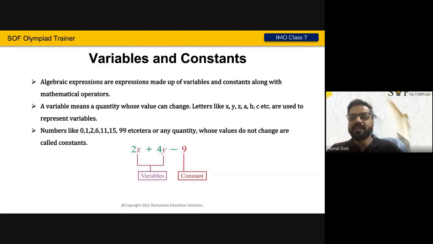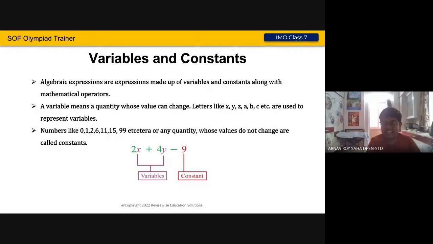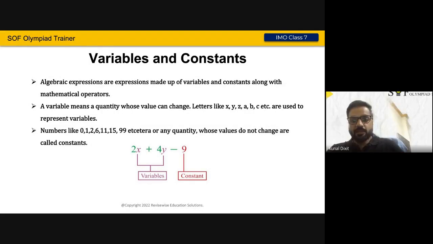Would anyone tell me the meaning of an expression, or what is the difference between expression and equation? The expression does not have an equal to symbol, but the equation has an equal to symbol. Very good. The expression is not followed by an equality or inequality symbol.